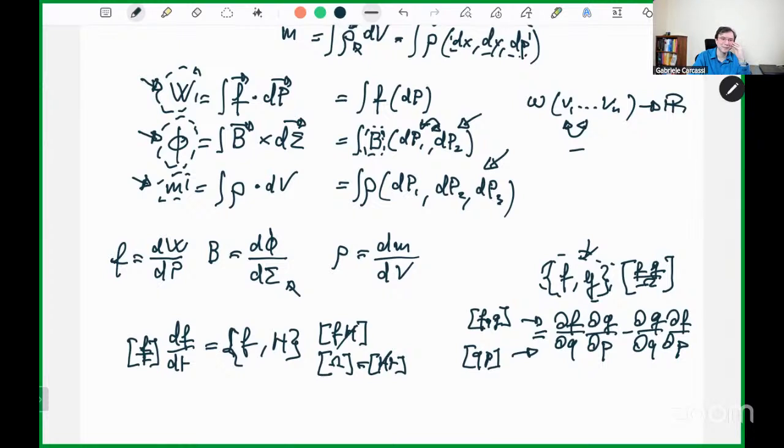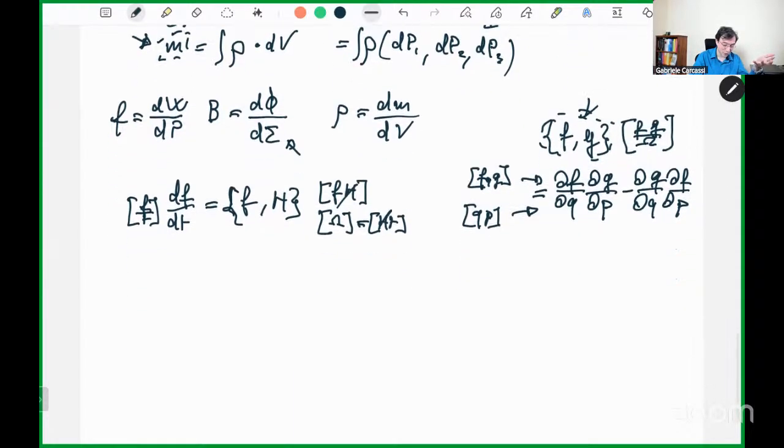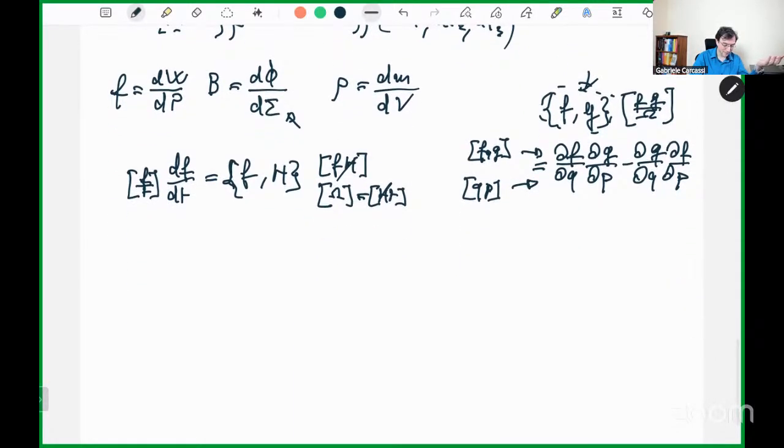You don't see them. And if you write things in coordinates instead of this notation, you do see it better, because the Poisson bracket in coordinates would be something like this. Partial A F, actually there is a minus, partial A F, then omega, the symplectic form, I do lowercase omega, yes.